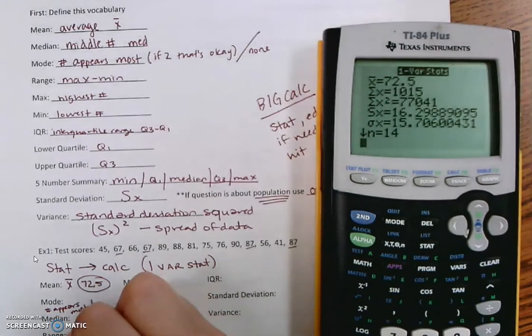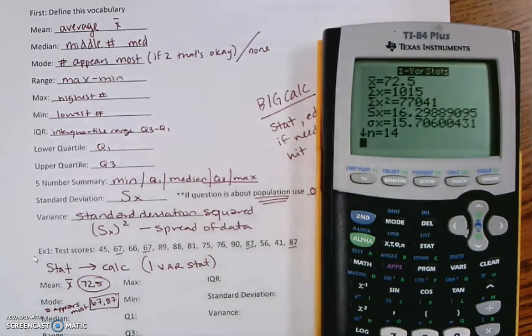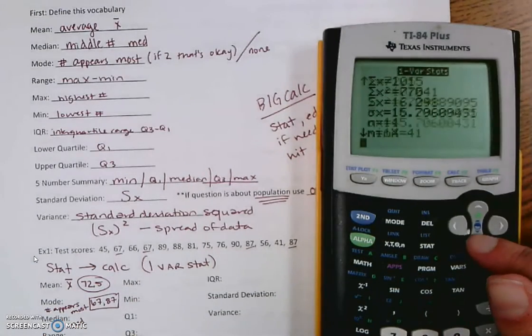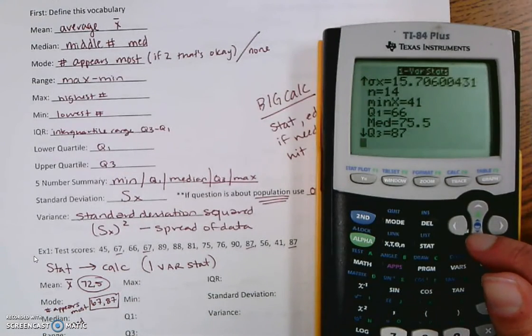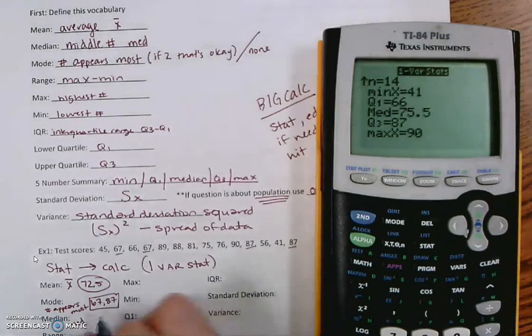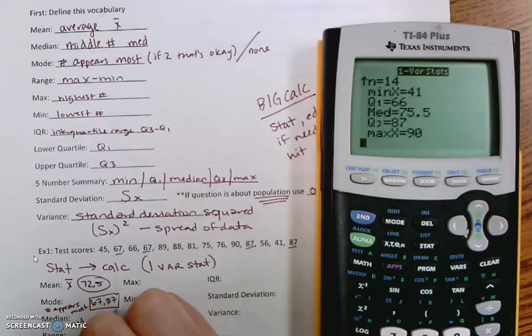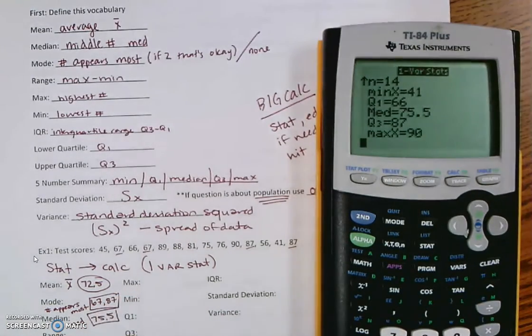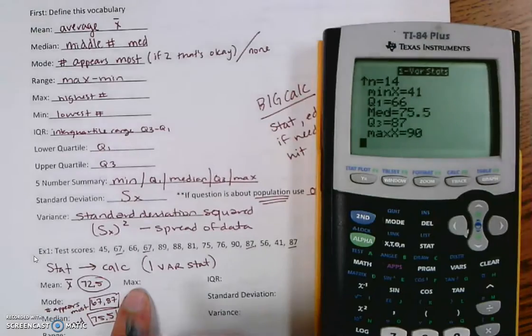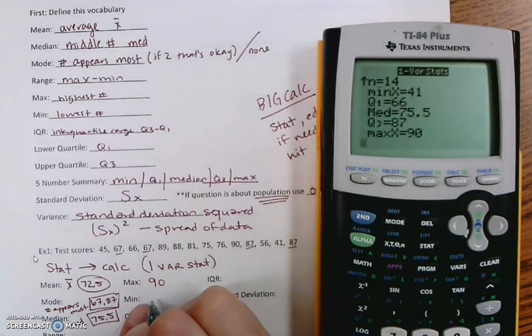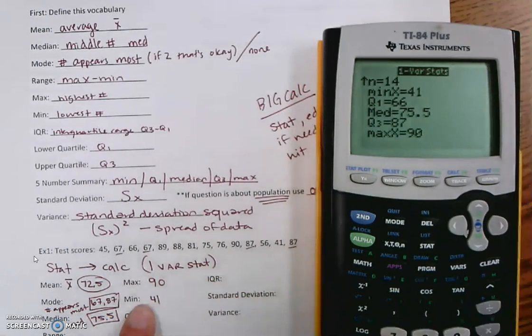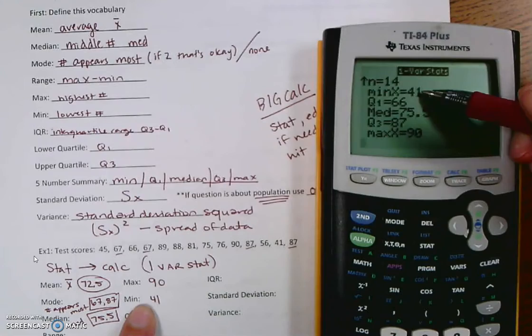So both 67 and 87 would be modes. The median is MED in the calculator. If I scroll down, right there at 75.5, you see the median. My max is 90. My min is 41.